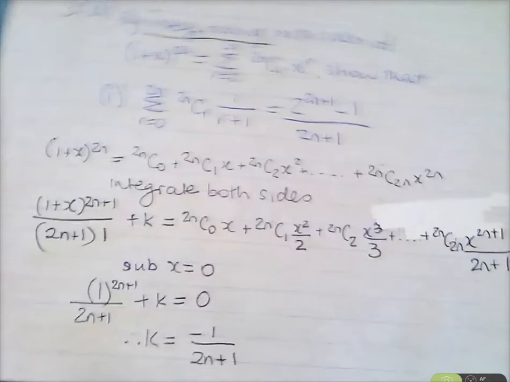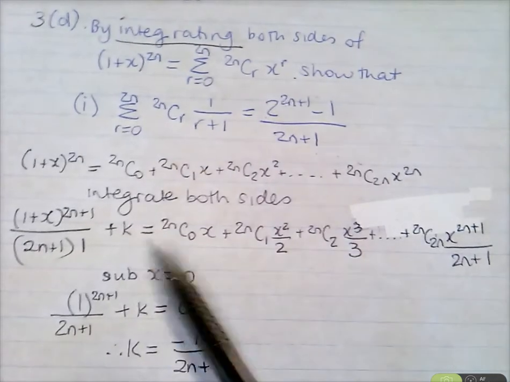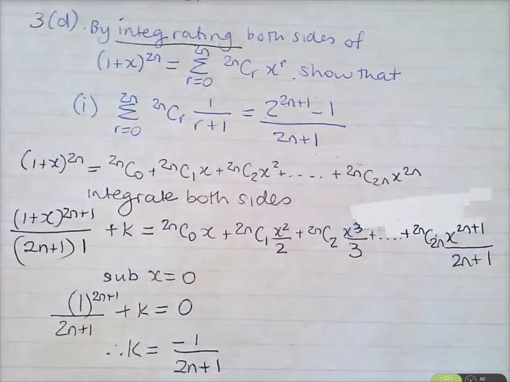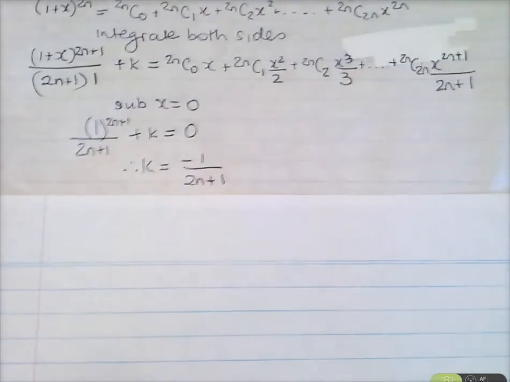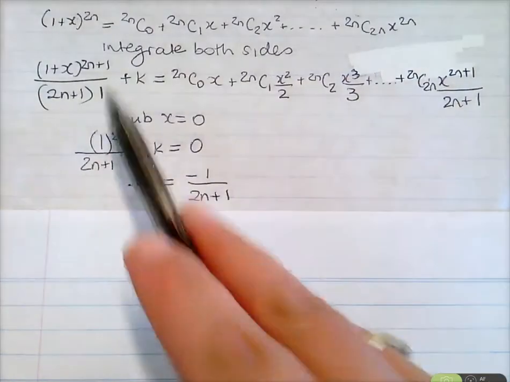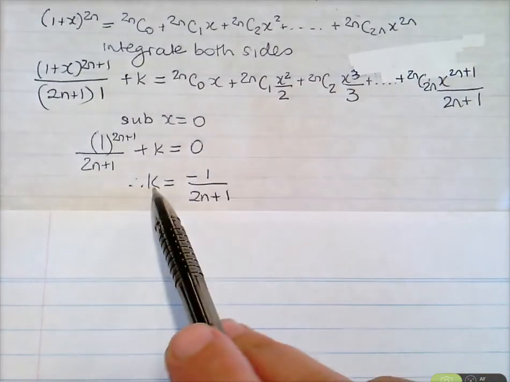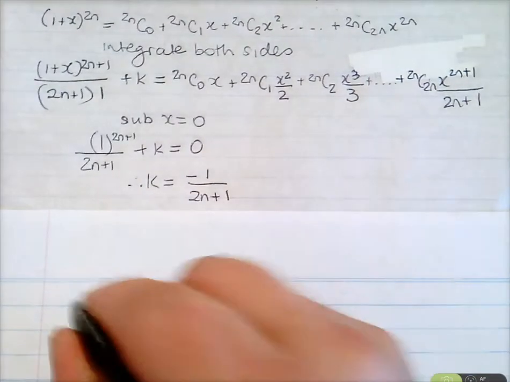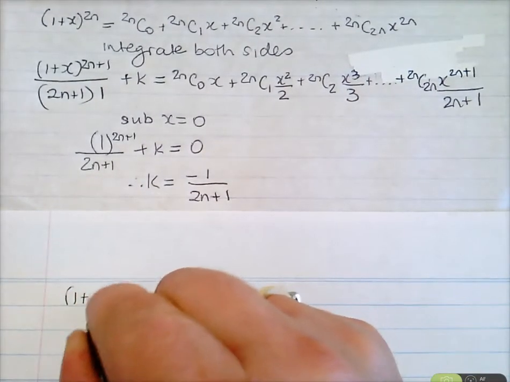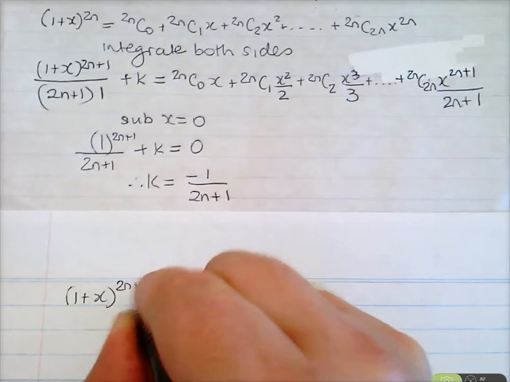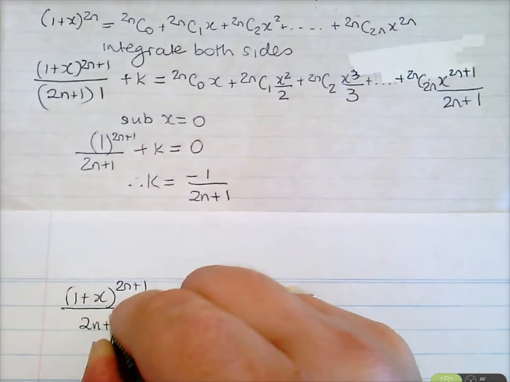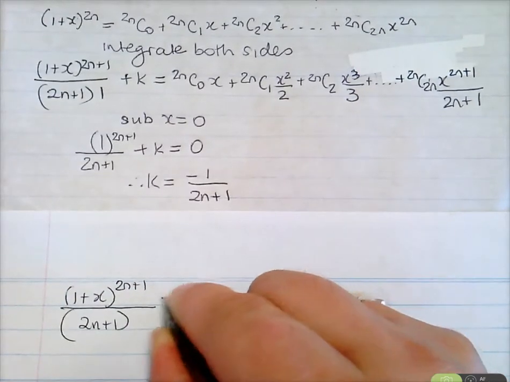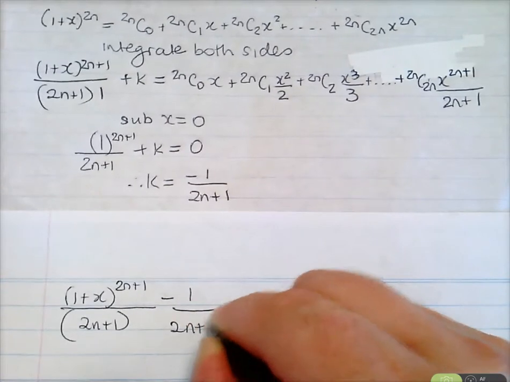Good. Now, let's put that back into the equation and make a further substitution. We've integrated both sides. We know what the constant of integration is. It's negative 1 over 2n plus 1. I'm going to substitute it back in. And I've got, therefore, 1 plus x to the power of 2n plus 1 over 2n plus 1 plus k, which is minus 1 over 2n plus 1.